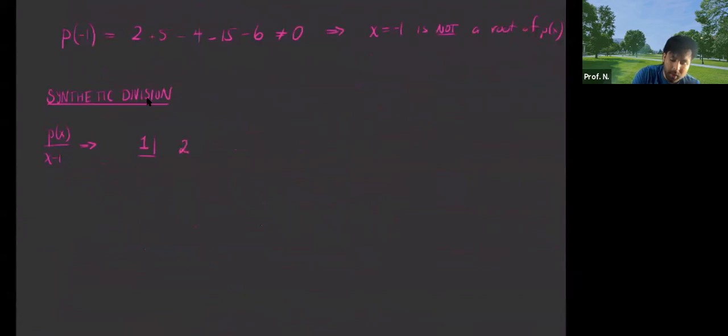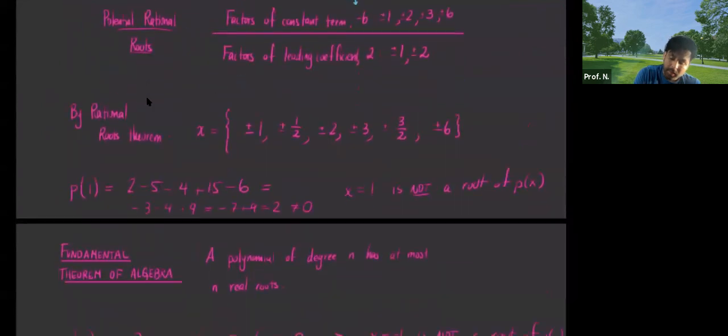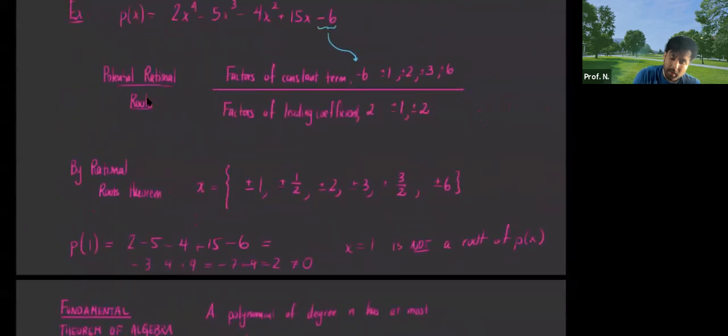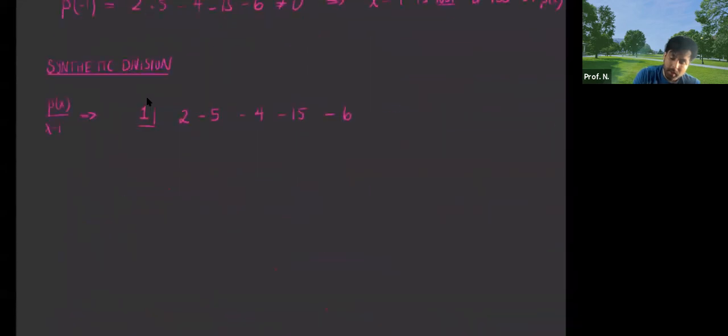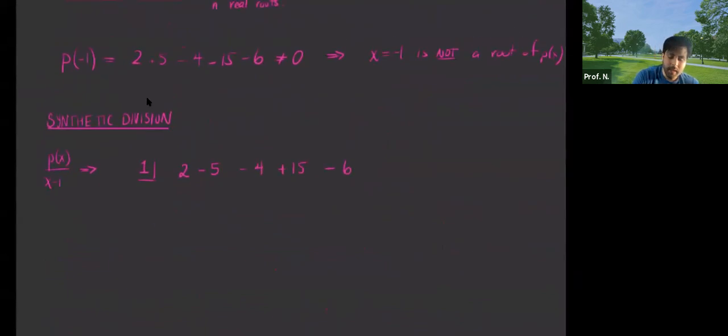So it's 2, -5, -4, 15, -6. Pardon me, it's -4 plus 15. Okay, so this is what it is. And then what do we do? Do you remember the procedure?